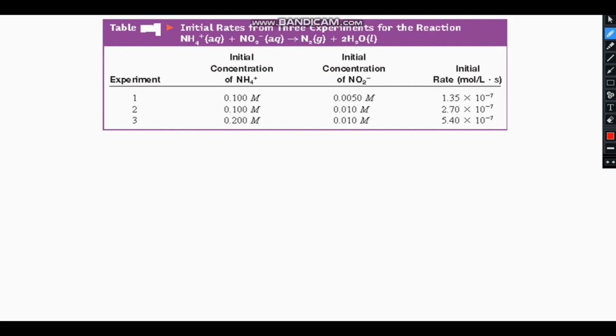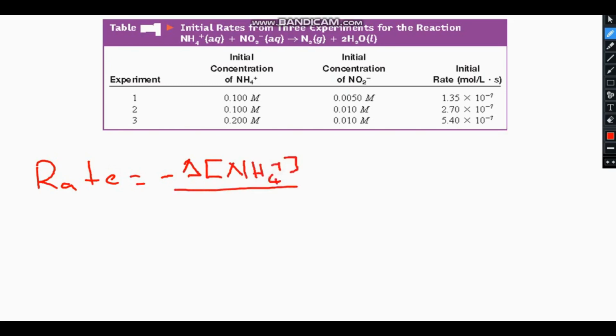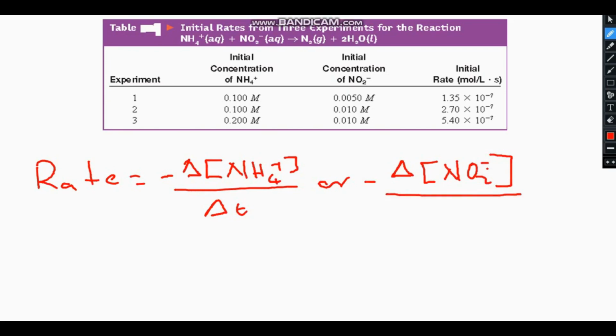So basically, if you are writing it against time, you'll say rate is equal to negative the change in concentration of NH4 plus divided by the change in time, or you can say rate is equal to negative the change in concentration of NO2 minus divided by change in time.